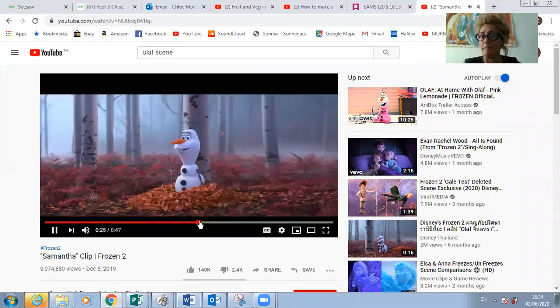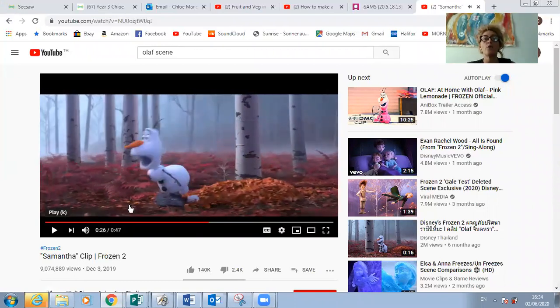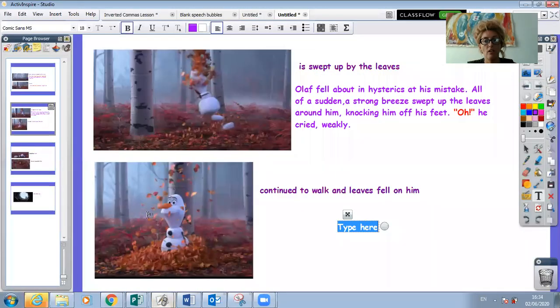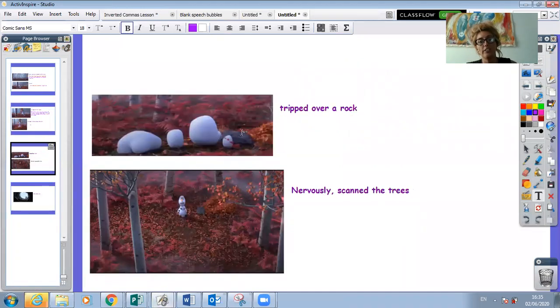And then he says, that was normal. So you need to go back on this one and write that was normal. You write that there. And then you add in a bit more of the action sentences to say what he does. Then you go on to the next page.